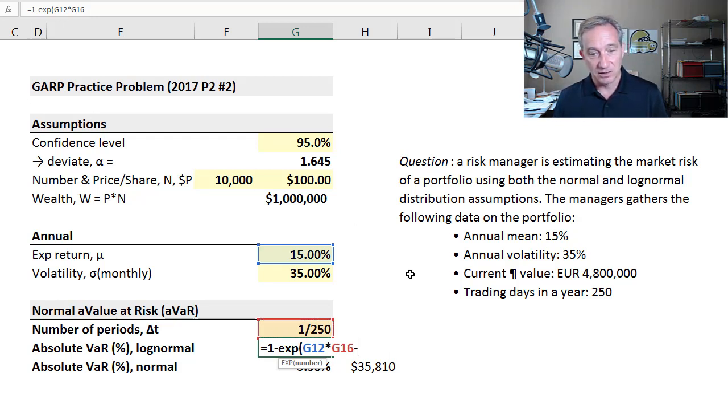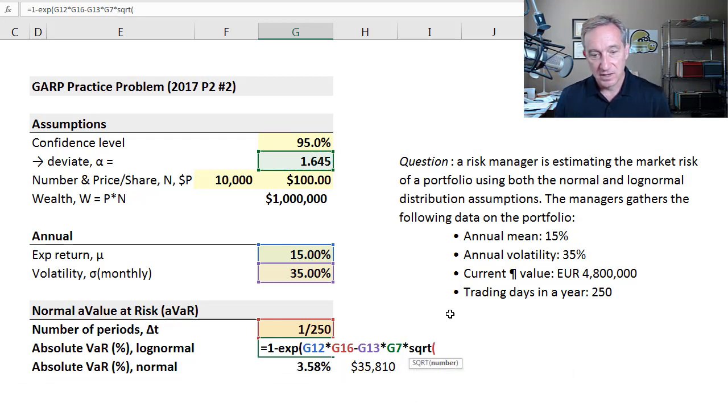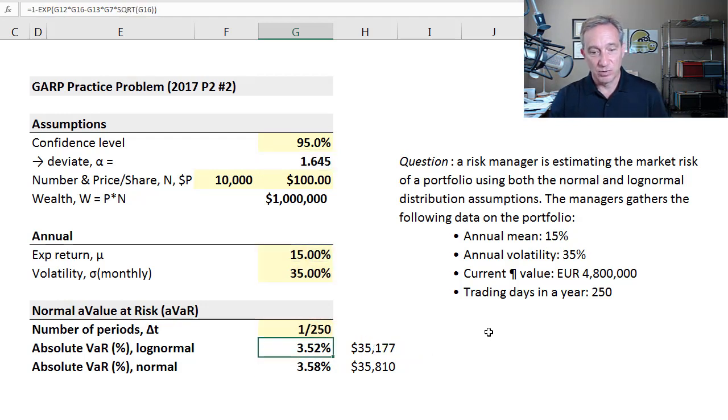And then, in this case with the log normal, I'm subtracting my volatility multiplied by my deviate for 95% confidence, and of course the square root of my delta T, 1 divided by 250, the square root of 0.004, because I'm going from 1 year, 35%, down to 1 day. And I get 3.52%. That's my log normal absolute VaR, where I've assumed the geometric returns or log returns are normally distributed.